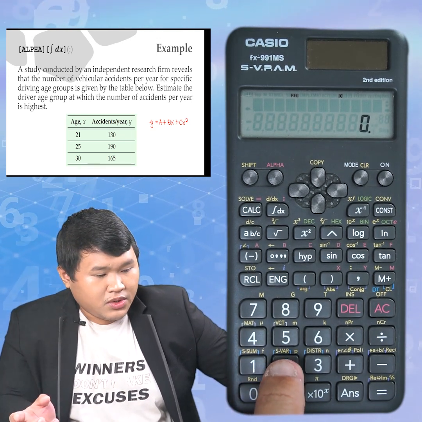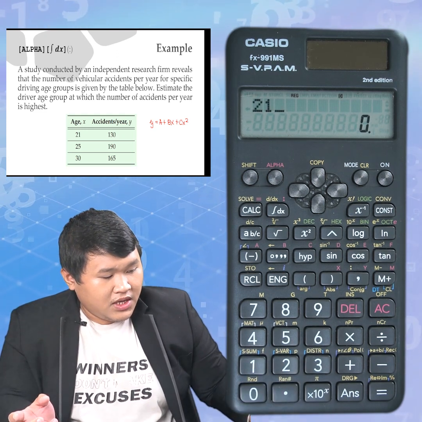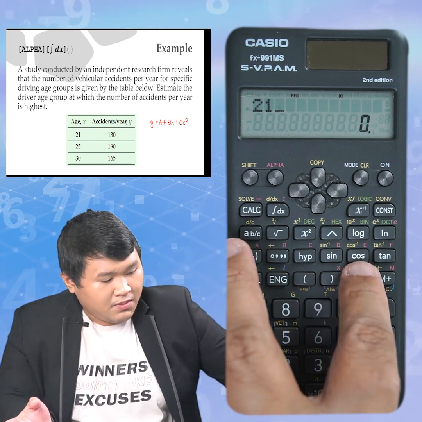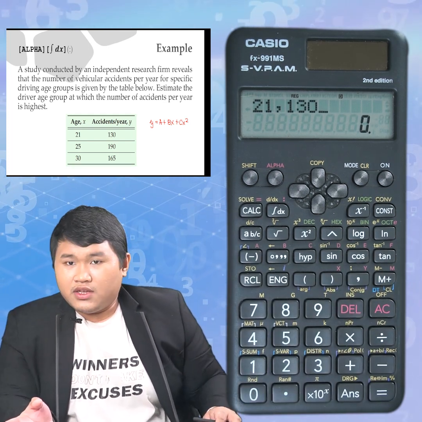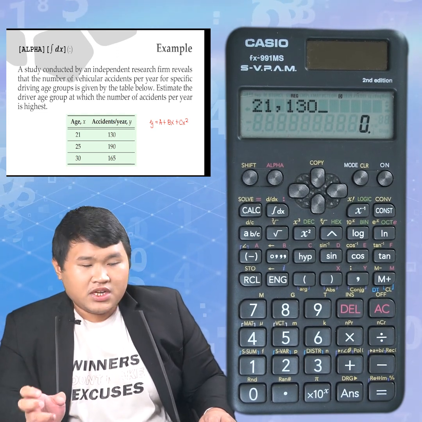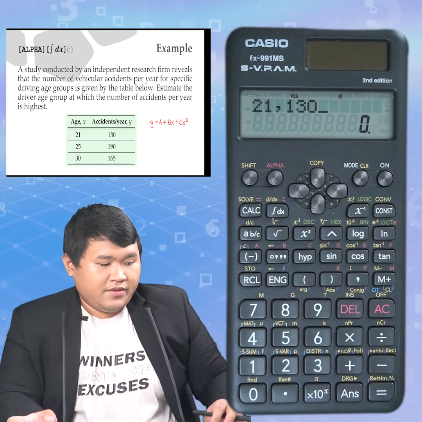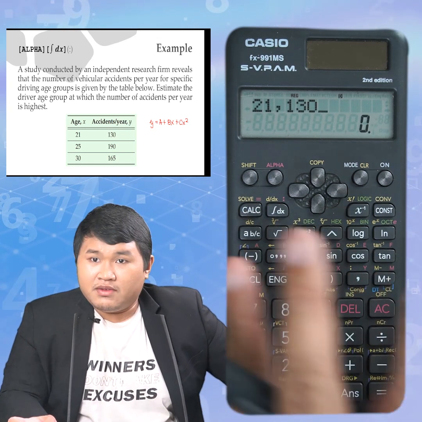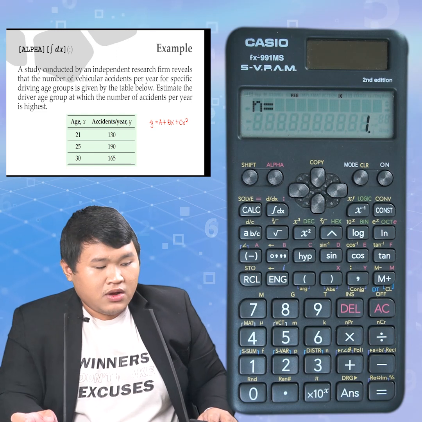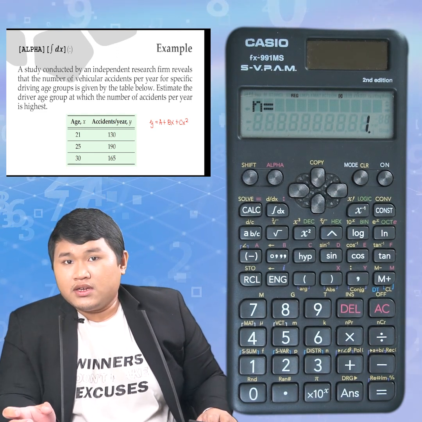So let's input 21. And then to input the Y, let's input comma, so comma 130. That's how we input each line. X first, and then comma, and then Y, and then M plus. Like before in SD mode, let's press M plus. Now it is stored in the calculator.